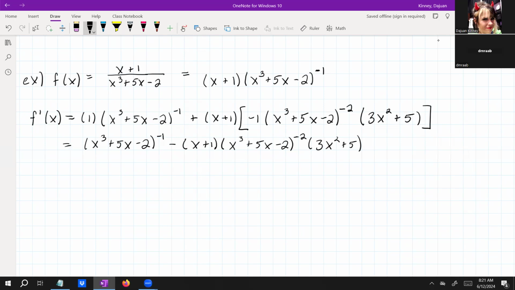If this were me doing this problem, I probably just would have done quotient rule because it's a little more straightforward. I don't have to clean up as much. But for the really gross ones, I might do product rule instead. So you have options. All right, that is the end of this. I am going to stop it here and then do one more section today. Oh, here's the one.